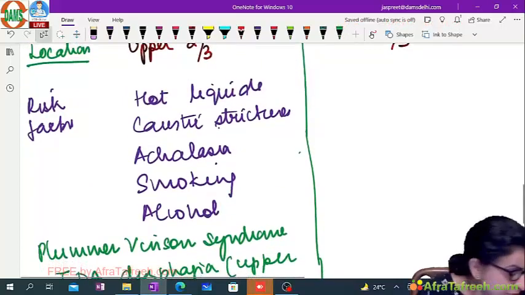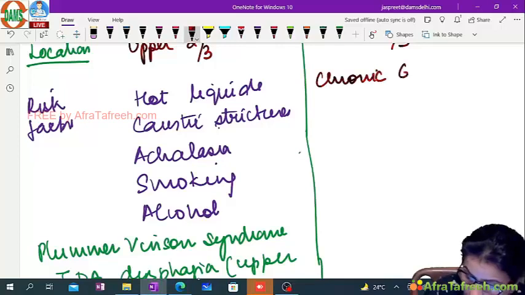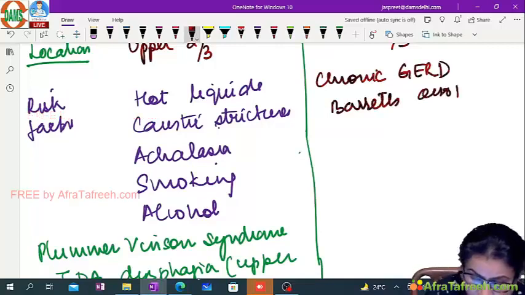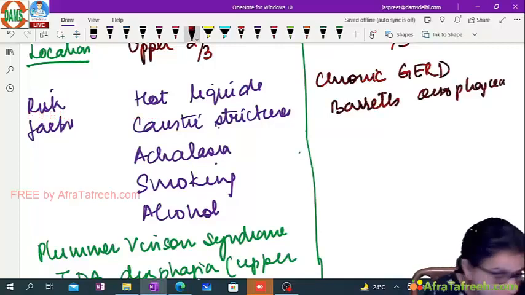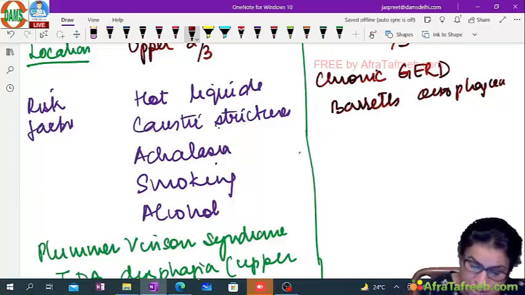Okay, so second, risk factors for adenocarcinoma, number one, chronic GERD. Chronic GERD leads to Barrett's esophagus, and that leads to esophageal adenocarcinoma.